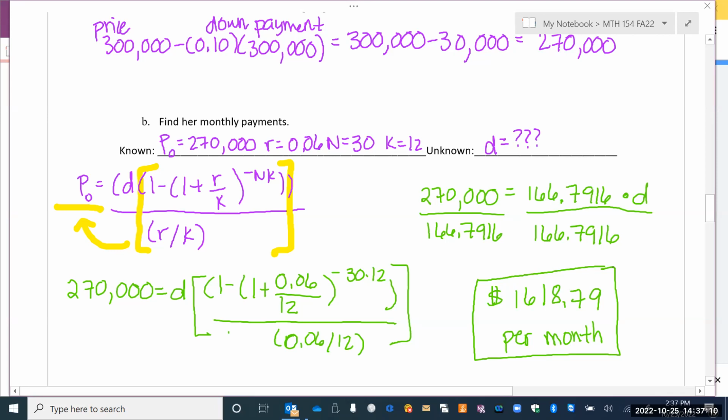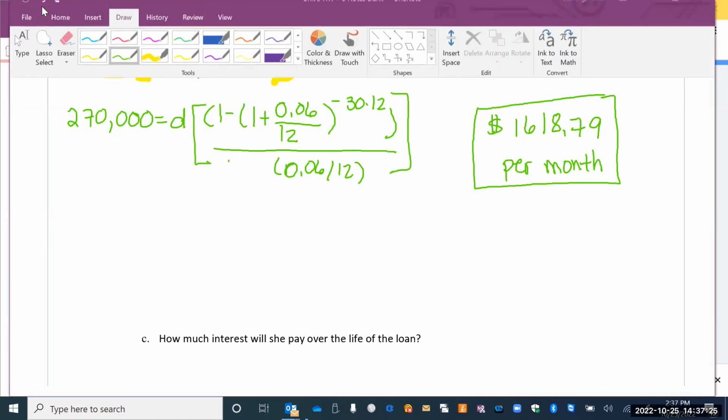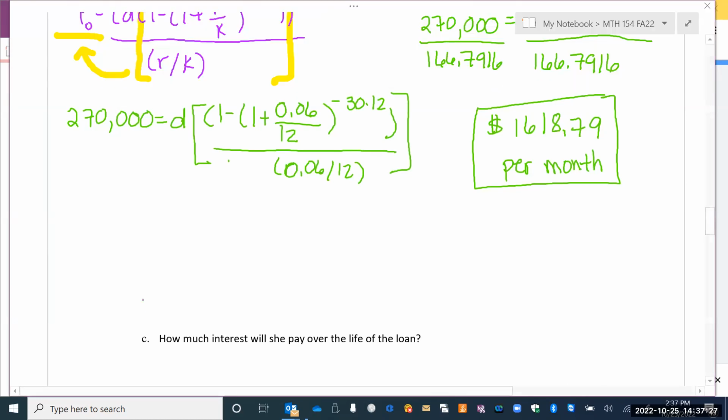And again, I had to use a little algebra to be able to get that done. So then, how much interest is she going to pay over the life of the loan? That's always the big one.